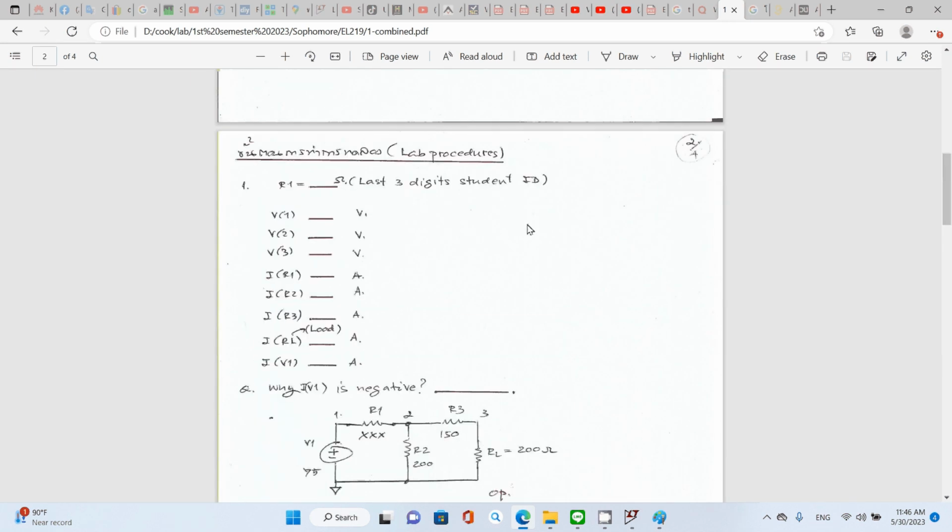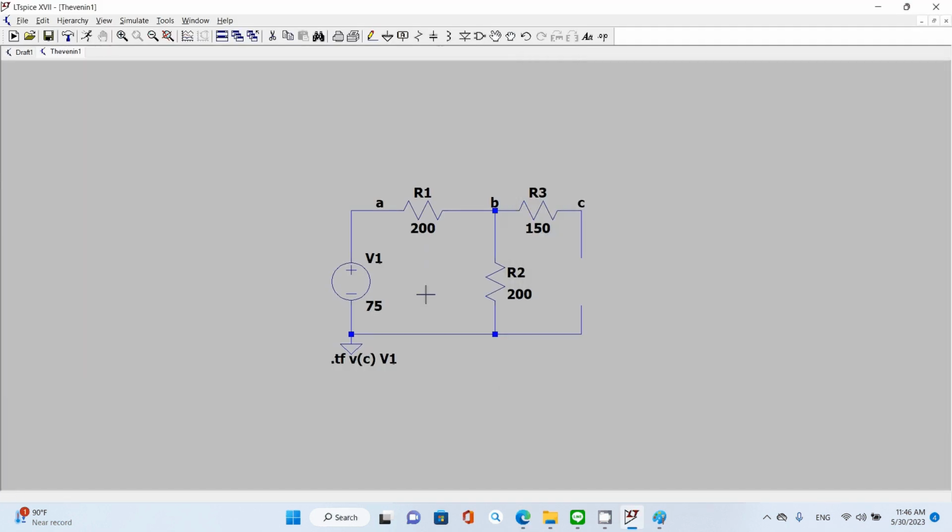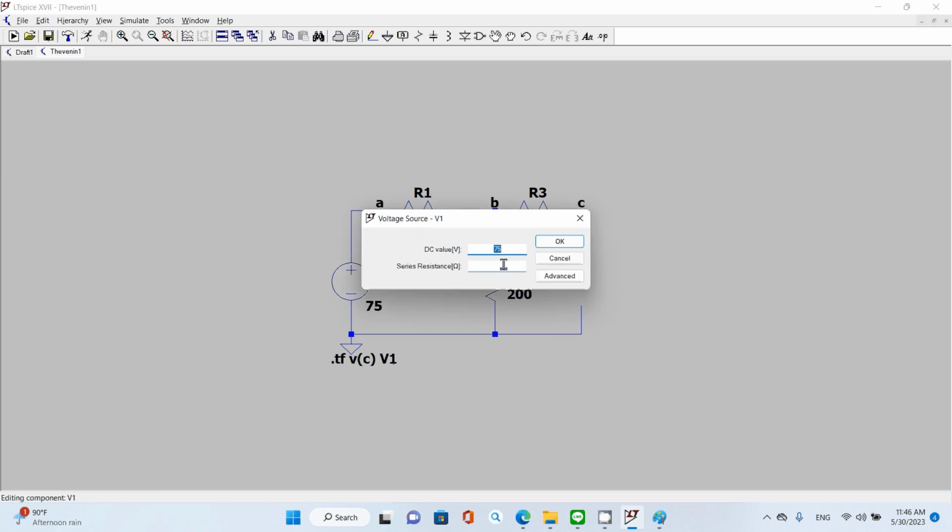For step number 2, you need to do a recording of your output resistance for various supply voltages, 75, 90, and 120. From your circuit, you simply right click on the supply voltage and change this one to, what, 120.